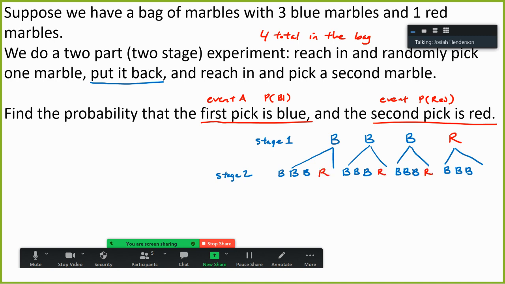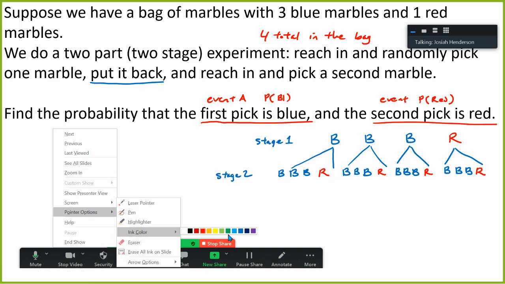Okay. So there's our tree diagram for this scenario. And we're asked to find the probability that you reach in and first get blue, and the second time we reach in, we get red. So how many different branches on our tree diagram match up with that scenario? Let's count those up.